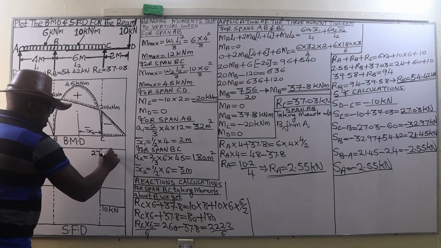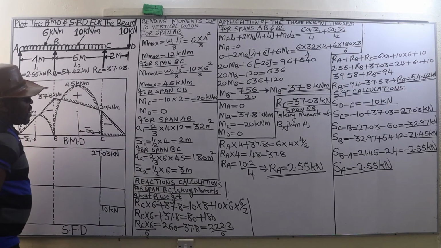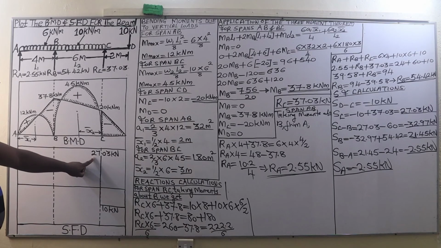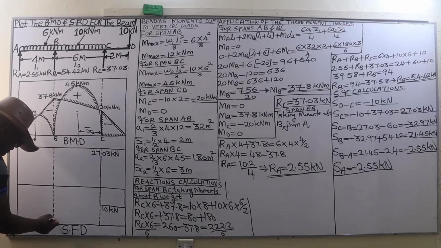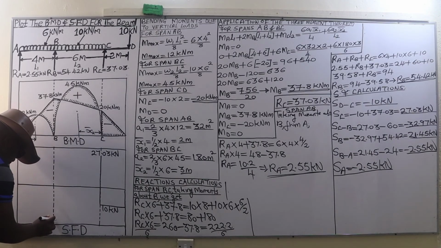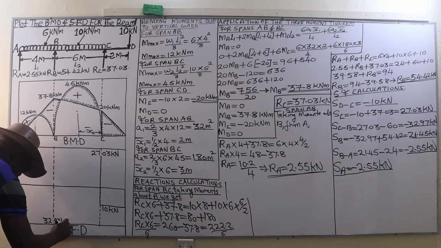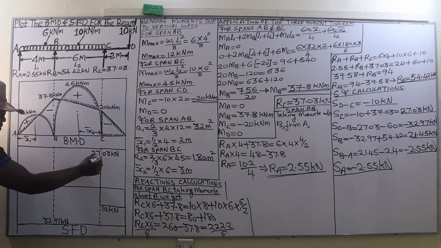So this is 27.03 kilonewtons. Then the shear force between C and B will change uniformly from 27.03 to negative 32.97. So negative 32.97, let's say is at this point. So we got 32.97 kilonewtons. A uniform change from 27.03.